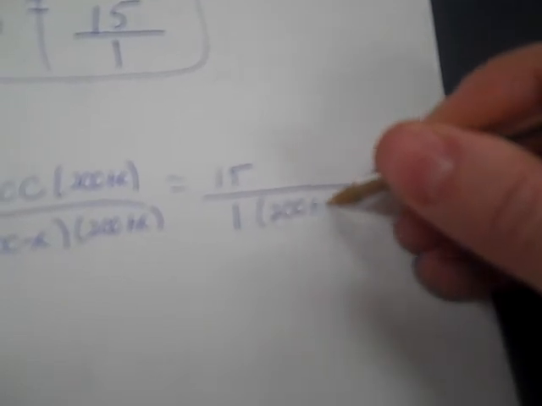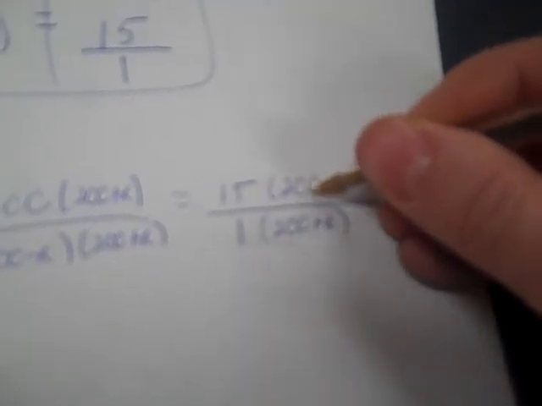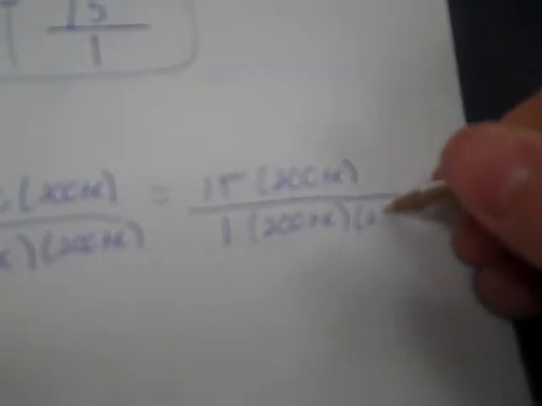Okay, 200 minus x, 0, 1, 0. So 200 minus x, 200 minus x. Oops, sorry, I forgot that one. I got to bring in 200 plus x to that one. And a 200 minus x. Okay, get that out of there.